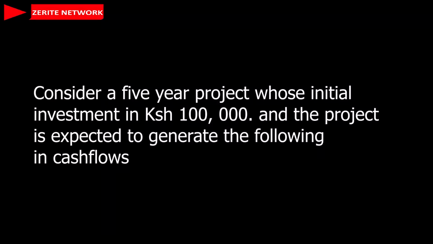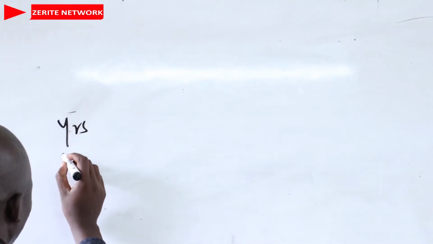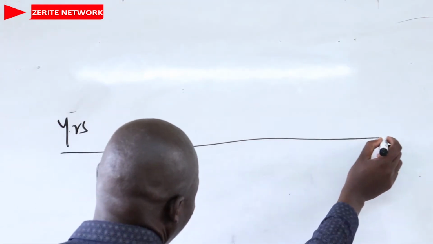So maybe we can illustrate using a calculation. Consider a 5-year project whose initial investment is shillings 100,000 and the project is expected to generate the following cash inflows for years 1 up to 5.